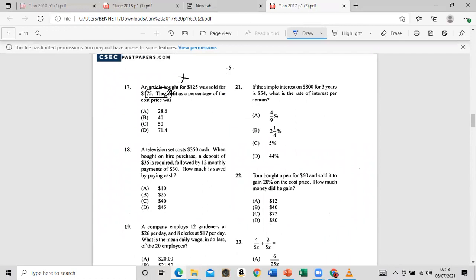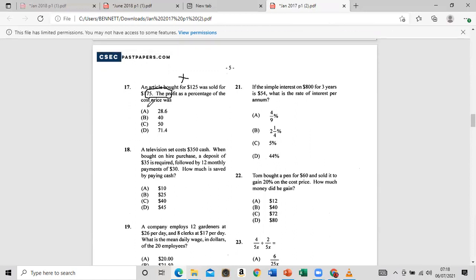An article bought for $125 was sold for $175. Find the profit as a percentage of the cost price. So listen to what they say, of the cost price, right? So what's the profit? You bought it for 125 and you sold it, right? So it's 175 as the selling price minus the cost price. So you make a profit of $50.